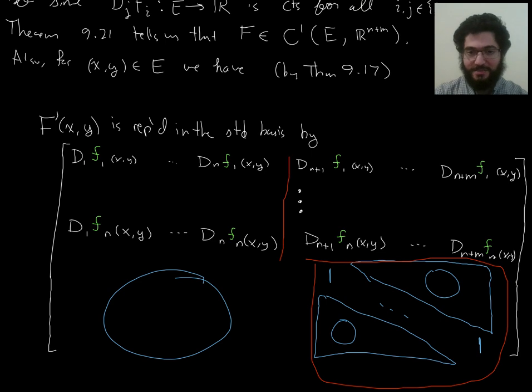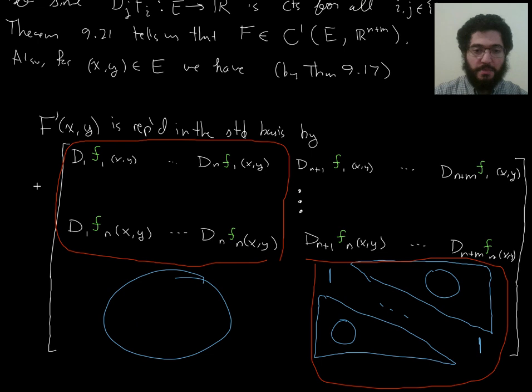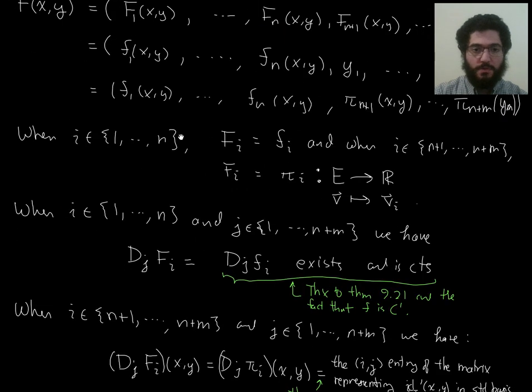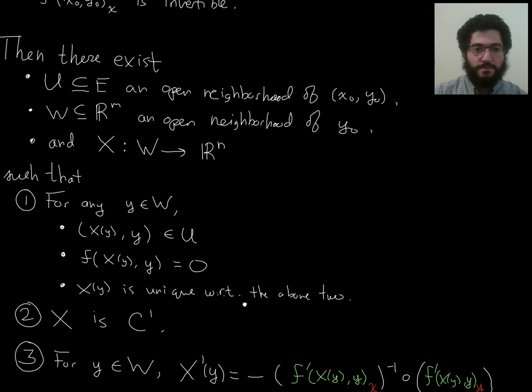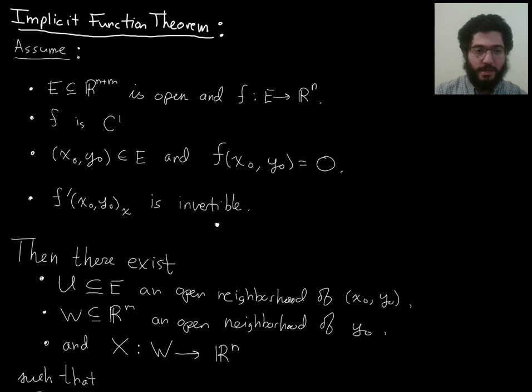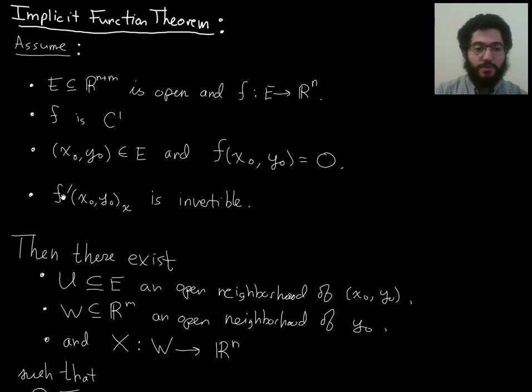It's called the identity matrix. Here is a matrix representation for, way back up here, the derivative of f at x naught y naught subscript x.